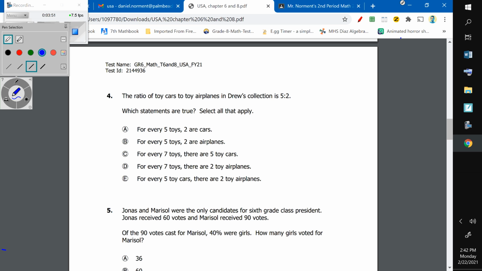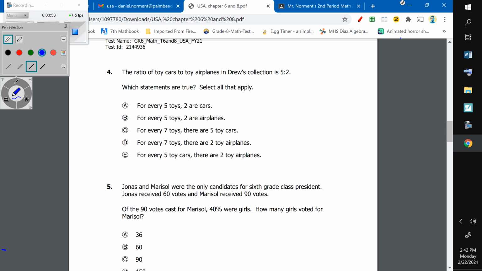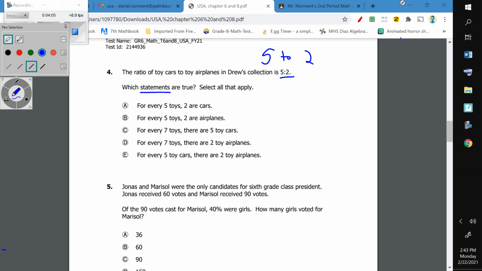Number 4. The ratio of toy cars to toy airplanes in Drew's collection is 5 to 2. Which statements are true? Select all that apply. This is plural, and here's a hint. There are 3 correct answers. So, which statements are true? For every 5 toys, 2 are cars.